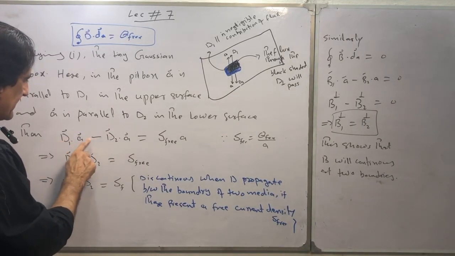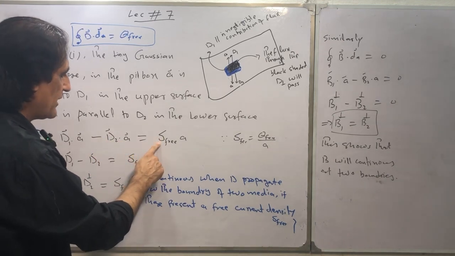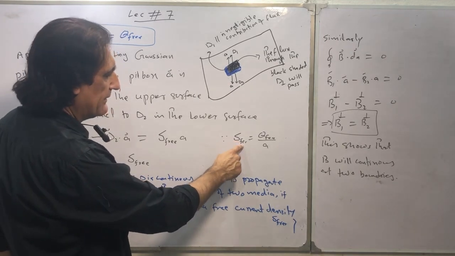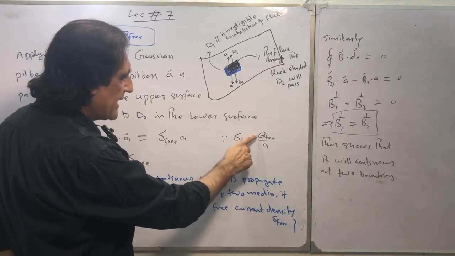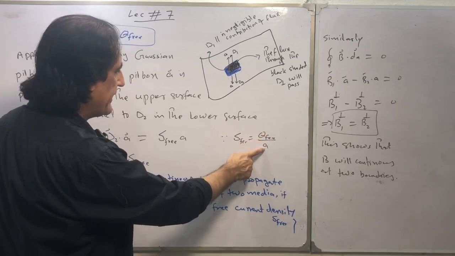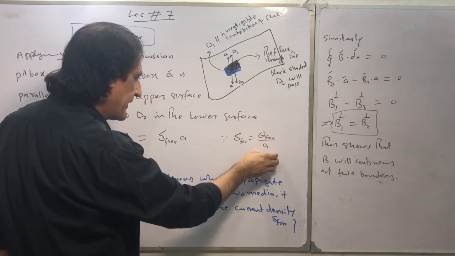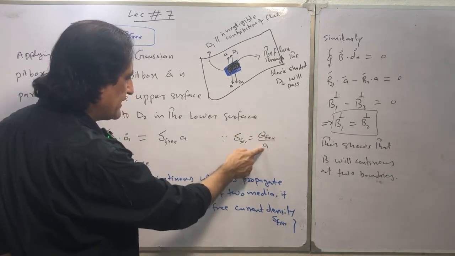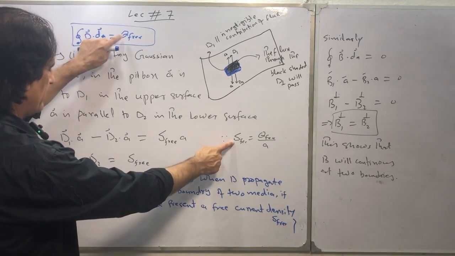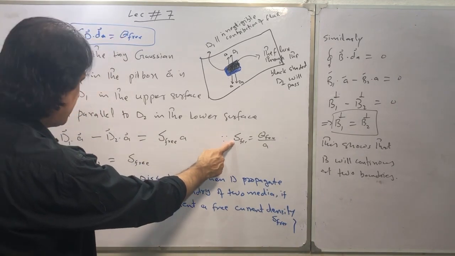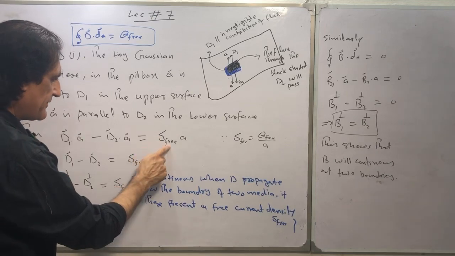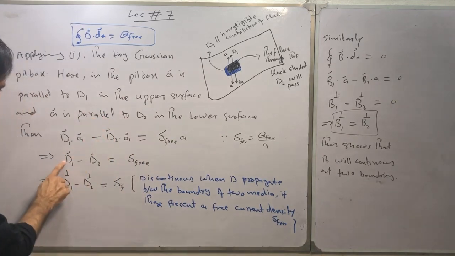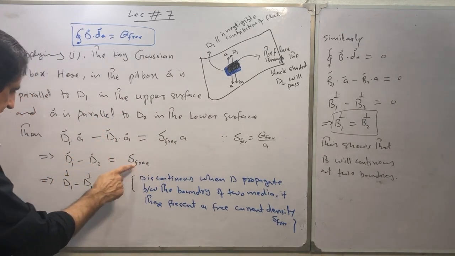So D1 dot A minus D2 dot A is equal to sigma free times A, because sigma free is actually Q free divided by A, charge per unit area. If we find Q free, then it is sigma free times A. If we remove the area from both sides, then D1 minus D2 is equal to sigma free.